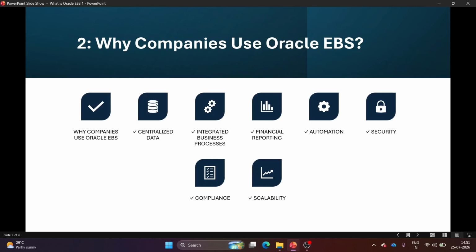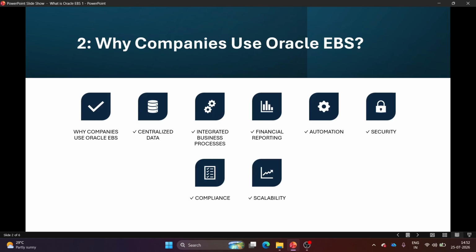Then move to integrated business processes. All Oracle EBS modules are connected. For example, when purchasing creates a purchase order, payables can later process the supplier invoice and the accounting entries are transferred to general ledger automatically.